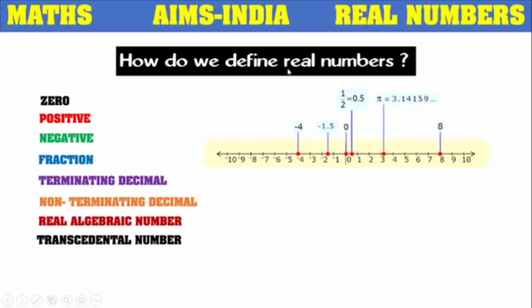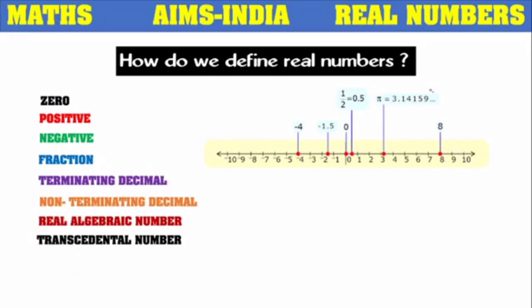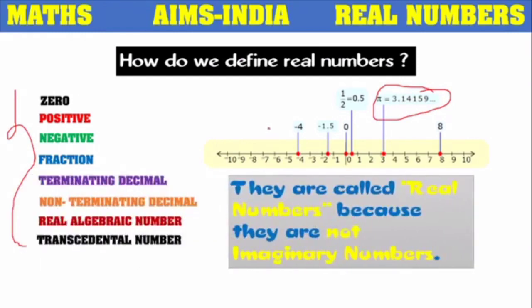So all the real numbers can be represented on the number line. Even a transcendental number like π we can represent on the number line. It is somewhat risky, but we can represent it. So all the real numbers, from 0 to this transcendental number, can be represented on the number line. They are called real numbers because they are not imaginary.